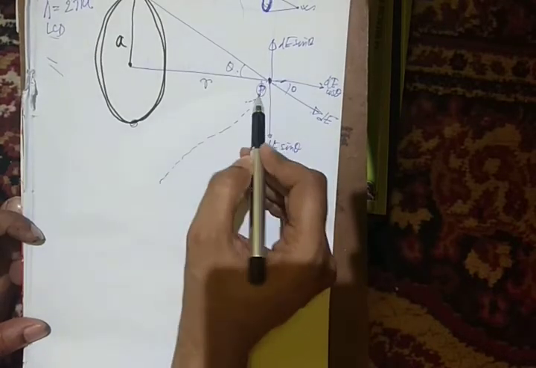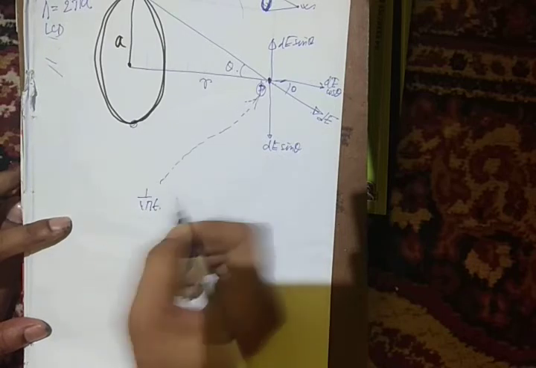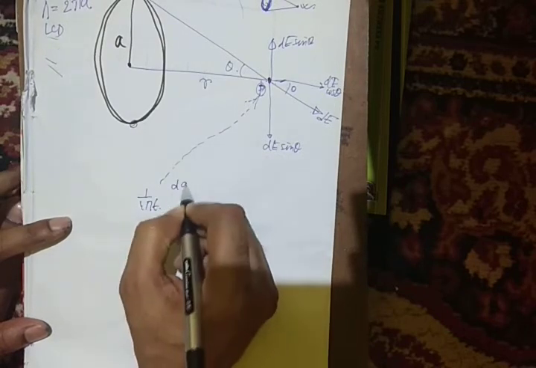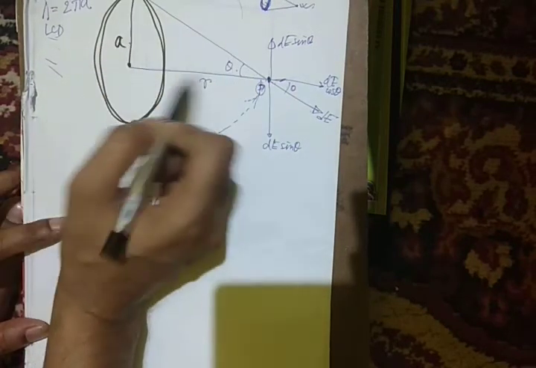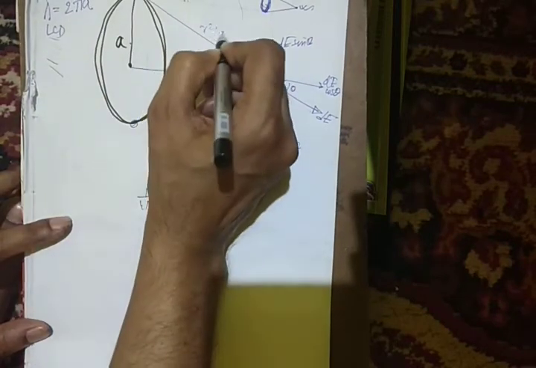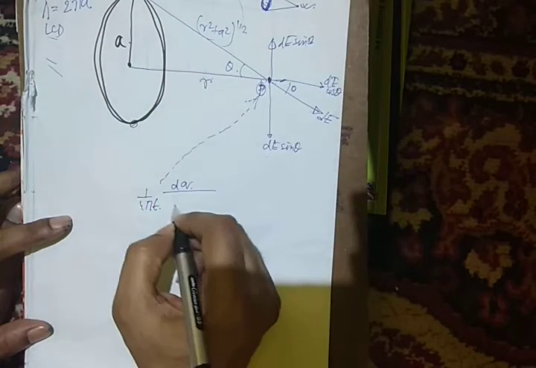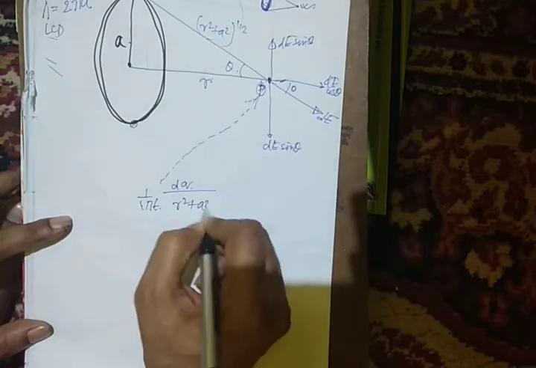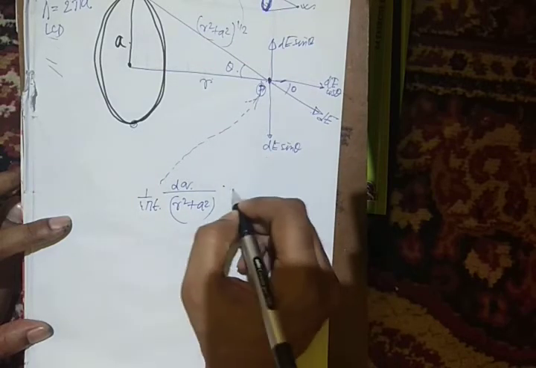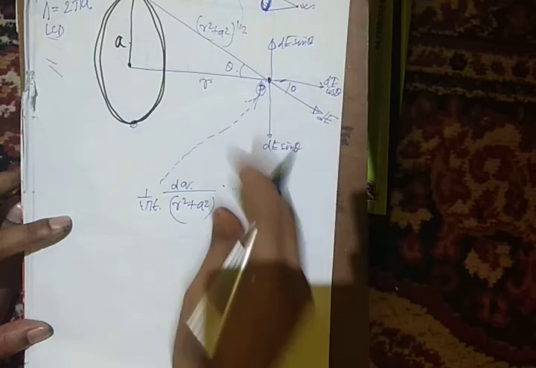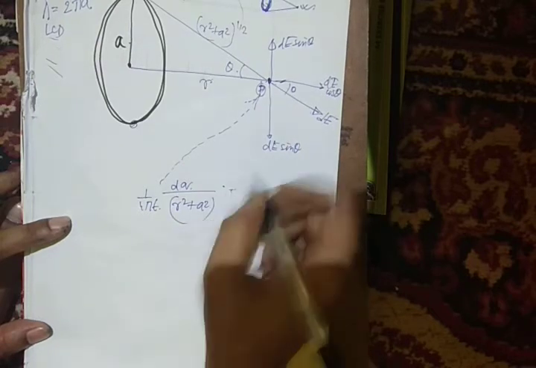So at this point P, the effective field becomes 1 by 4 pi epsilon naught dq by this distance. This is a, this is r, so this is r square plus a square to the power half. This becomes its square, so dq by r square plus a square into this dE cos theta part actually survives. Now what is cos theta?